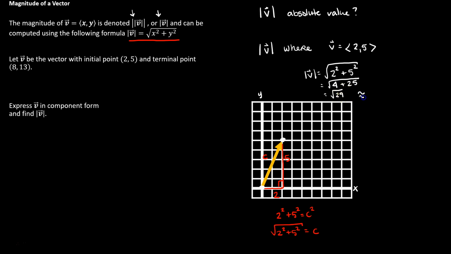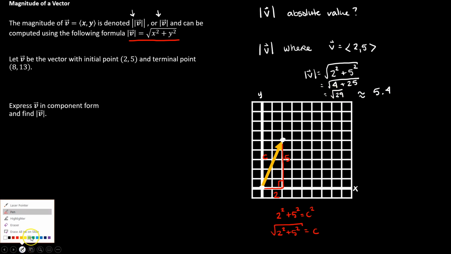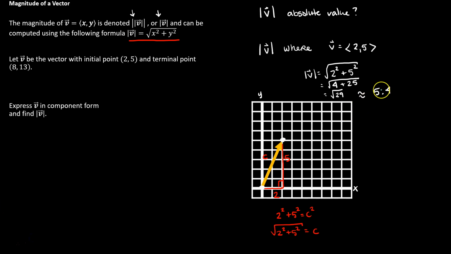And if you turned it into a decimal, it would look like about 5.4 units. If you wanted to use this magnitude as part of an equation, then maybe you should use the exact form, square root of 29. Something that we kind of take for granted is that y'all have been studying math for a long time, and you should know the difference between an approximation, where we rounded off our decimal, and an exact form.